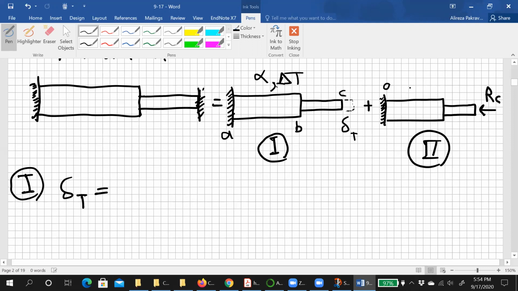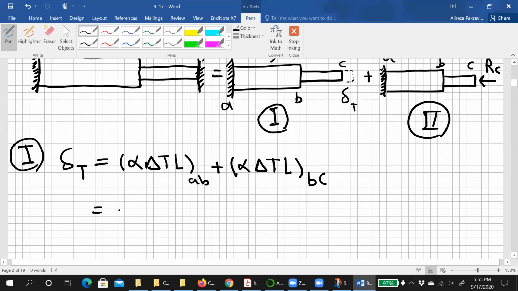Right. You have 2 segments. So alpha delta TL for each segment, right? Your formula you are saying is right, alpha delta TL for each segment. Let's for this segment plus alpha delta TL for the second segment, right?